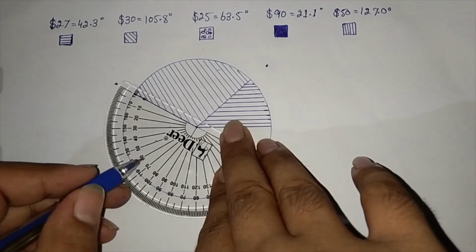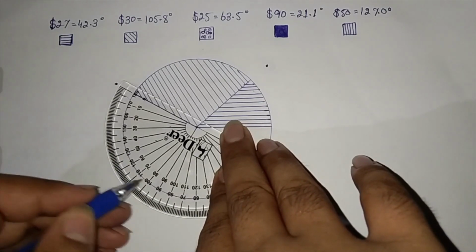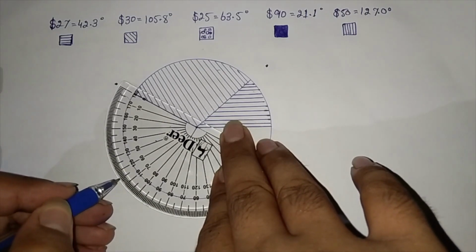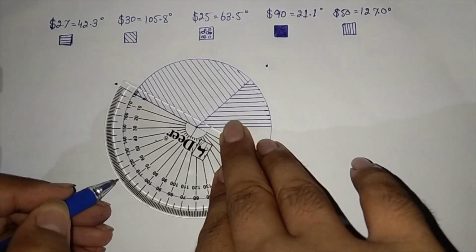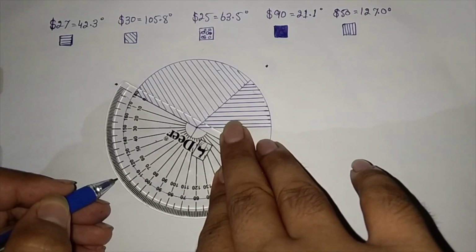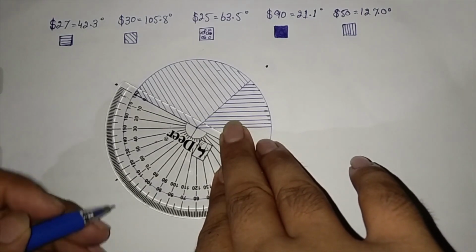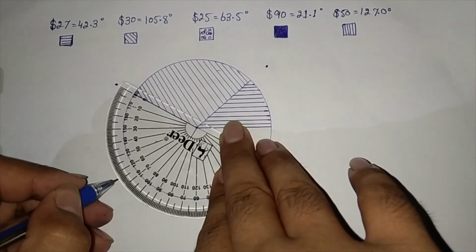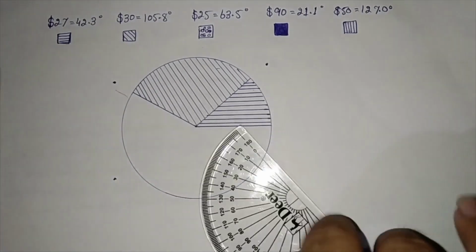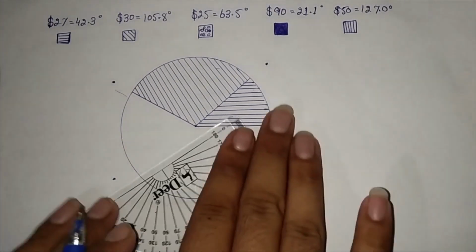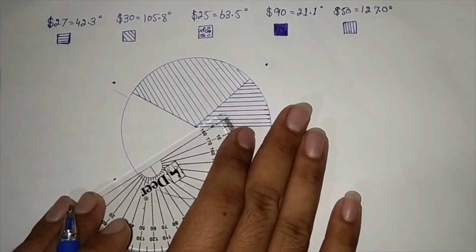Actually this one is 60, this one is 70, and in the middle we have 65, and we need 64, so we will mark this one, that we have an angle of 64 degrees.